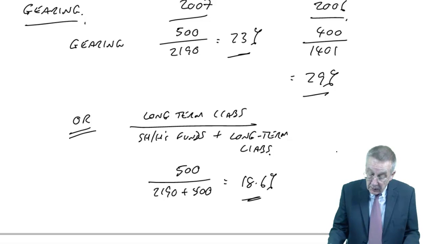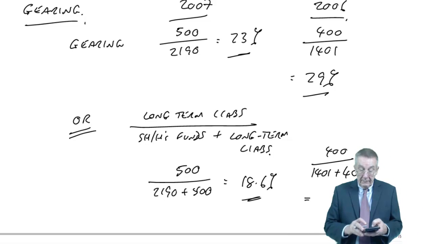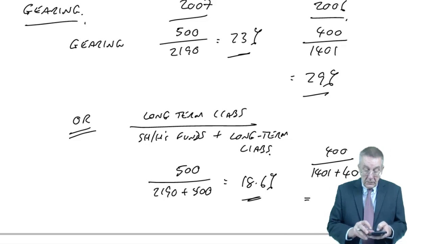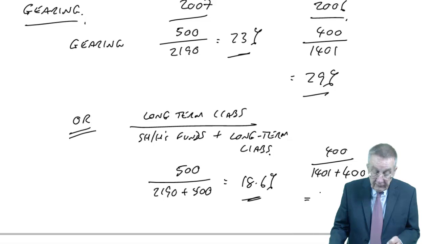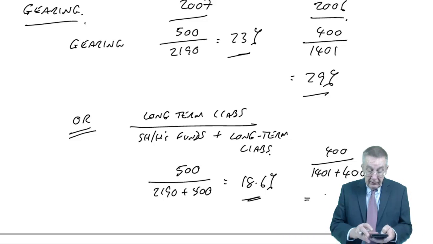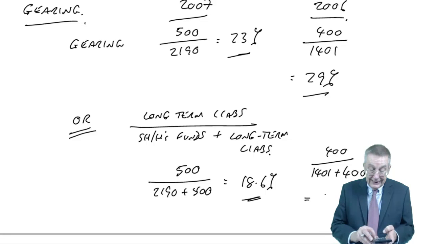In 2006, what would it be? 400 over 1401 plus 400. Oh, a lot higher if I got my arithmetic right. 400 divided by 1801.